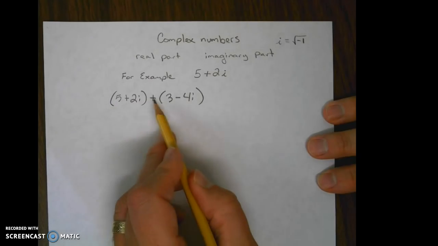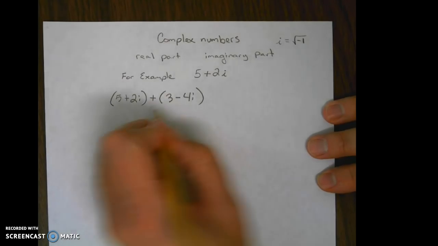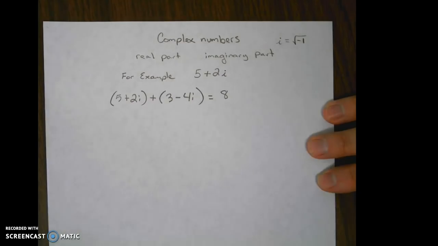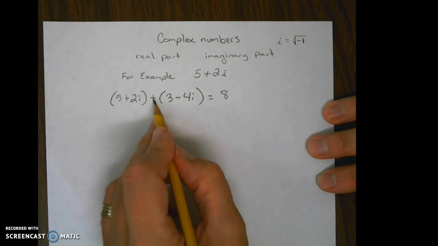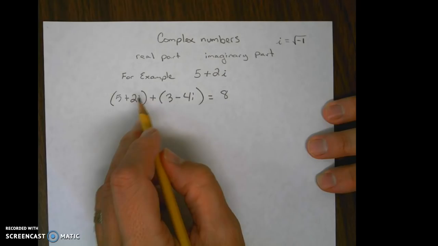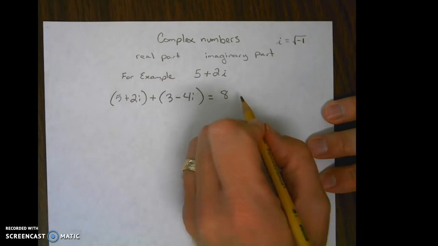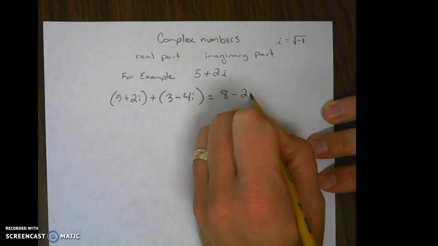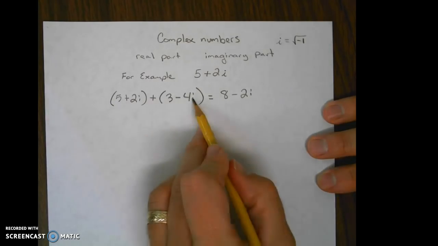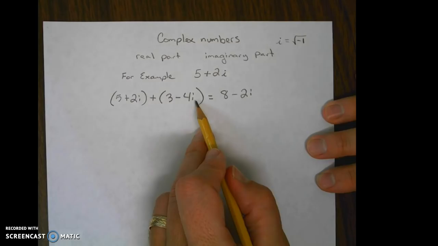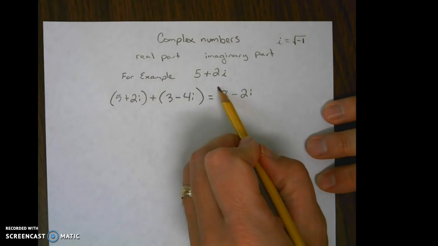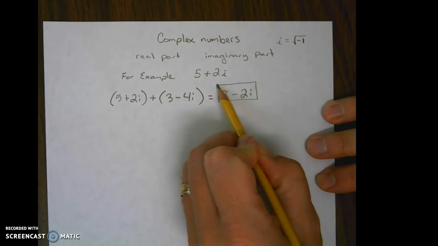So we're going to add the 5 and the 3. Okay, and then we're going to add the imaginary parts together. So 2 plus -4i. And you add and subtract just like you would like terms. And so this would be the answer to that addition problem.